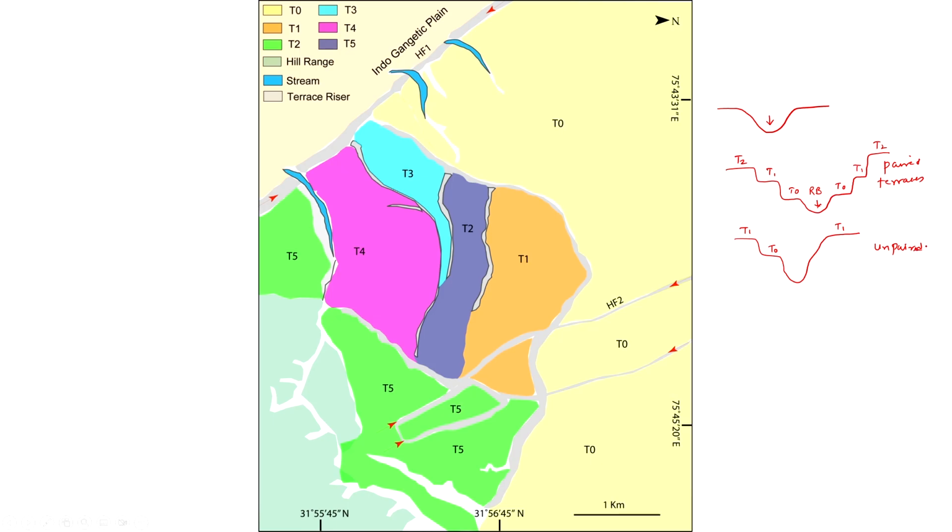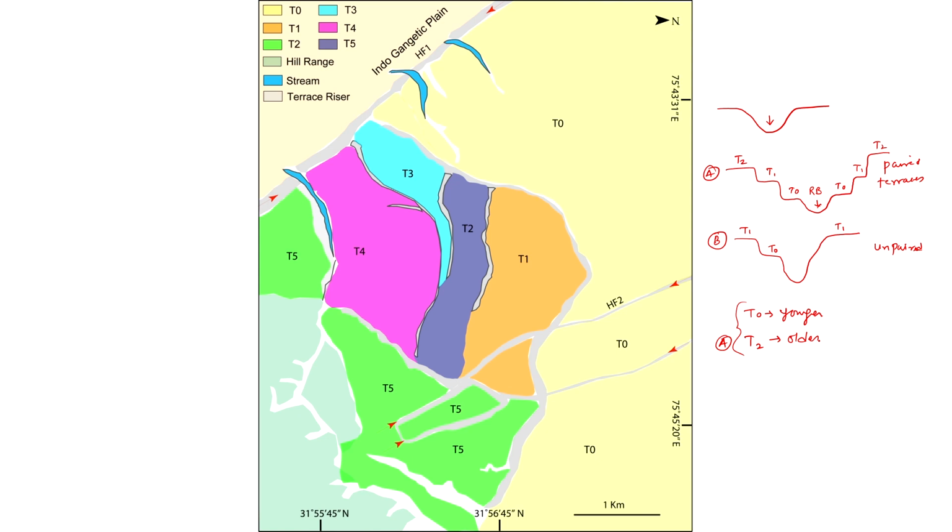Okay, so this will be the younger one, T0 will be younger, and T2 here. In the first case, that is your A, you have T0, which is older.